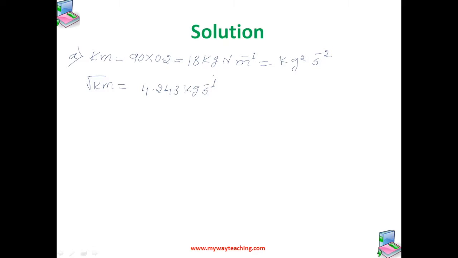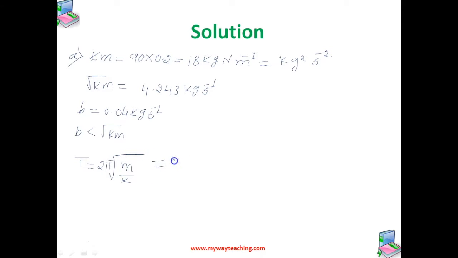And they have given the value for damping constant b, isn't it? That is equal to 0.04 kg per second. And b is much less than square root of km, and hence we can write the time period T is equal to 2 pi square root of m by k.